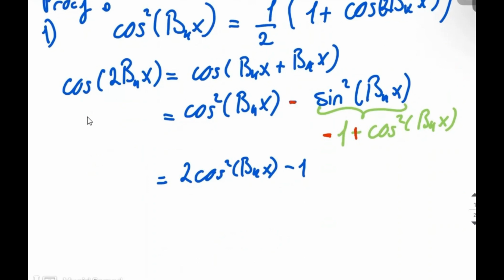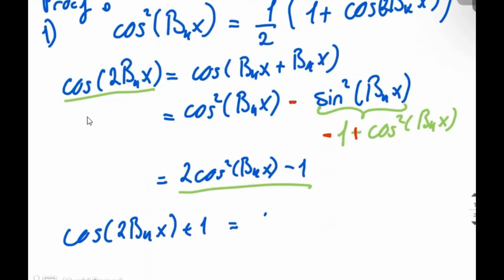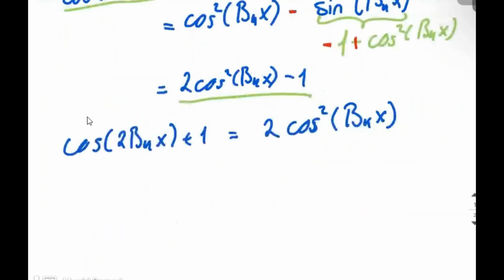Okay, so we have this side and this one, and now we want to solve the formula for cosine squared. We move the 1 to the left-hand side, and we have cosine of 2 beta k x plus 1 is equal to 2 times cosine squared of beta k x. Then we divide by 2, and then we have our formula that we wanted.